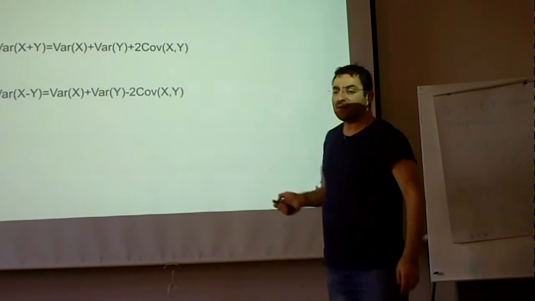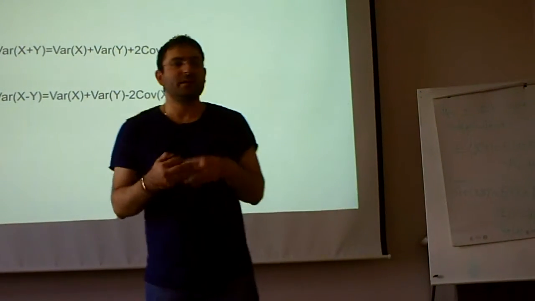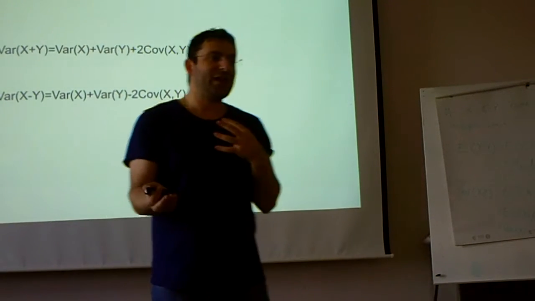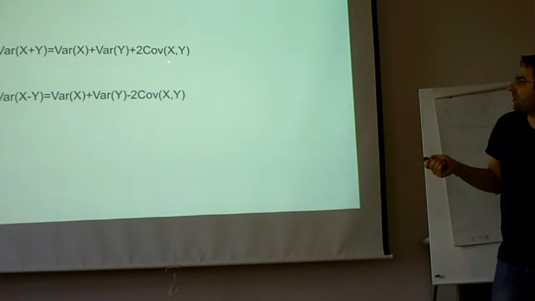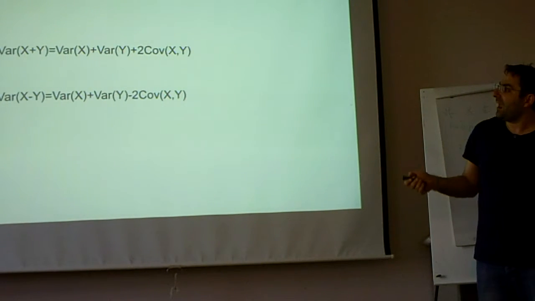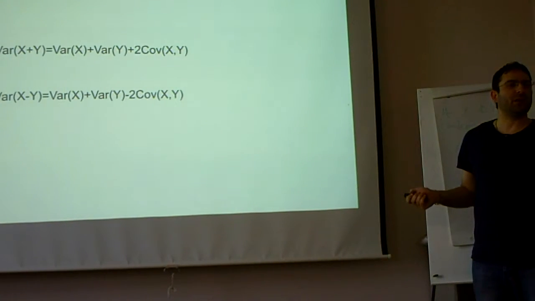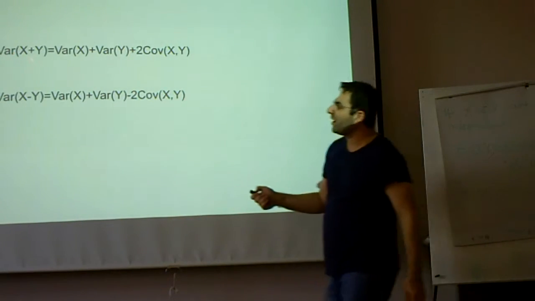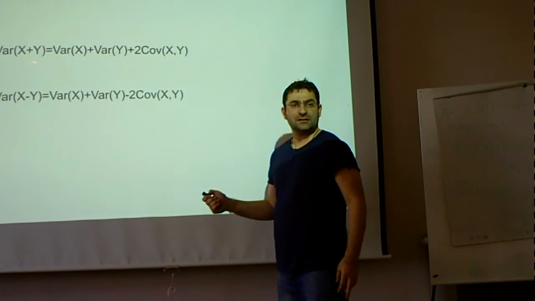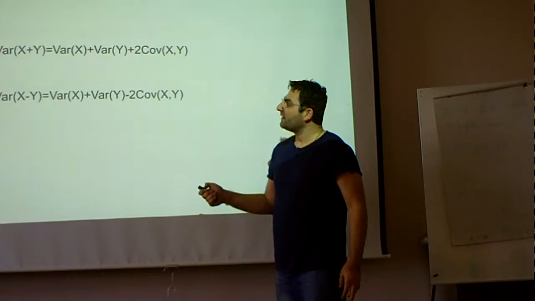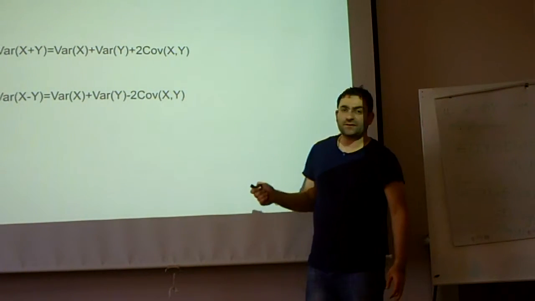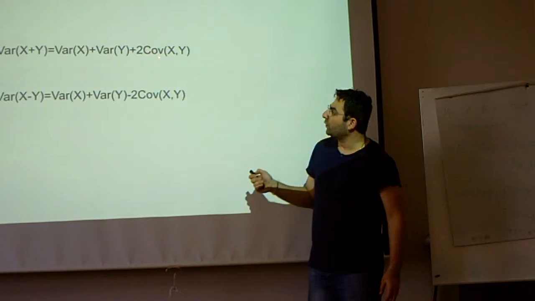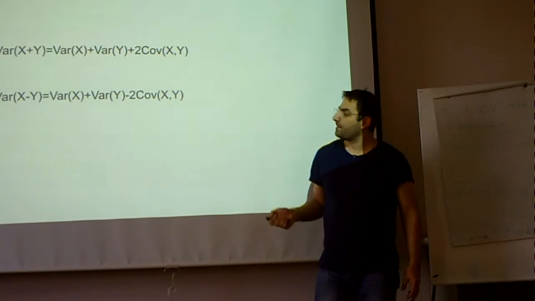Now, there is a formula which relates variance and covariance together, and it is for the sake of reminding you. If we are adding two random variables, the variance of this addition is variance of the first one plus the variance of the second one plus 2 multiplied by covariance of x and y.